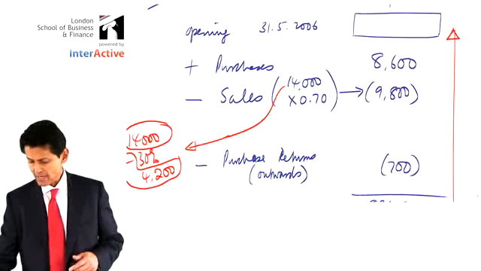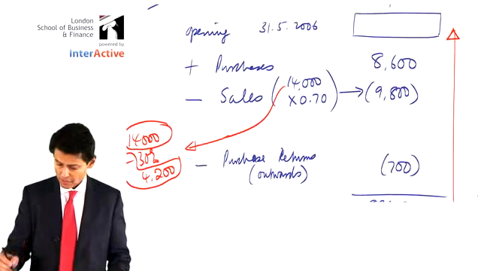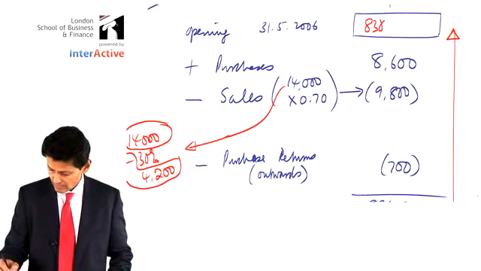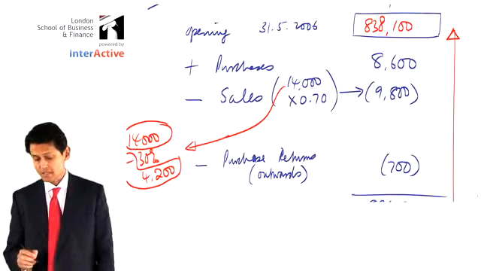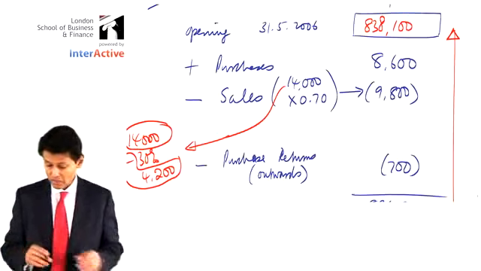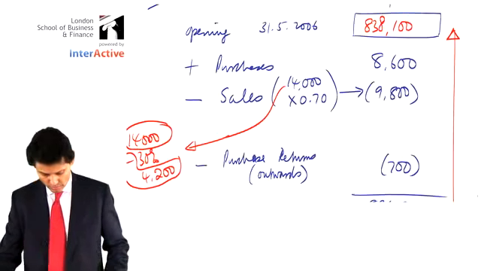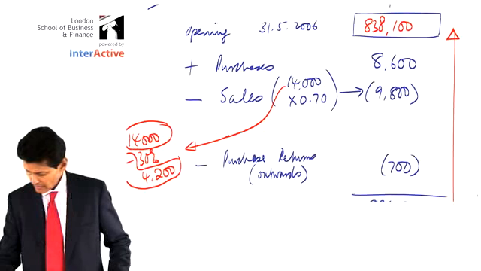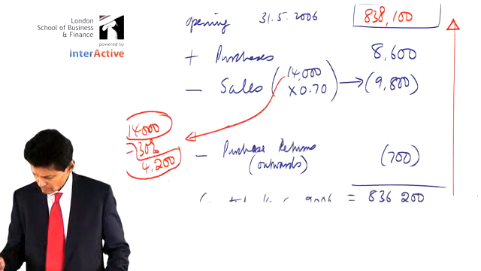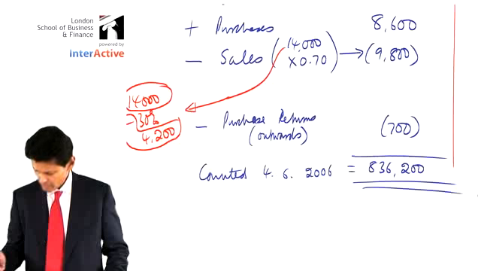If you're in any doubt, you should work downwards again to make sure it's all adding up now. 838.1. So if you add 8,600 to that, it's about 844. Take away about 10,000 or so. Just over.